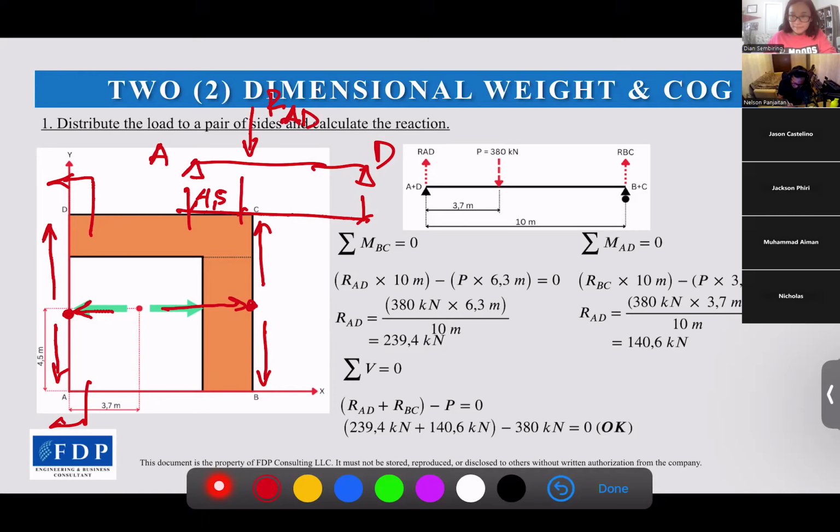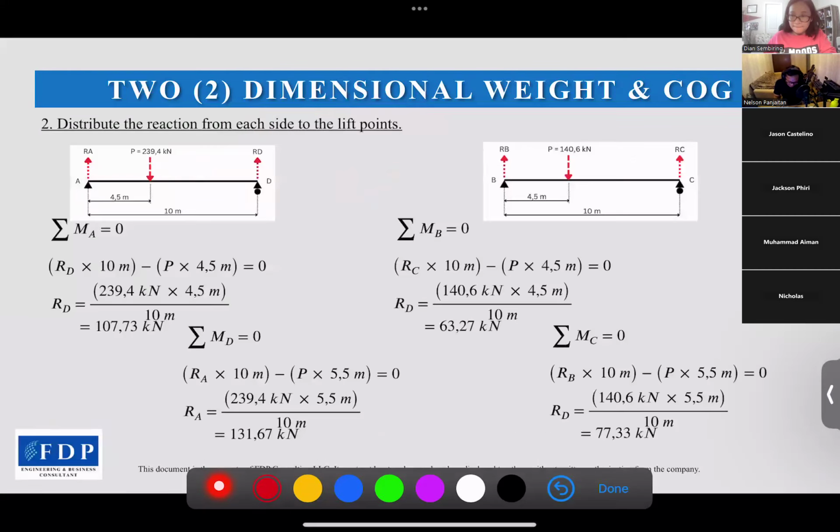And if we want to distribute to get the reaction at BC, then we use the reaction from RBC. So RAD, we get the 239.4 kilonewtons, and the distance is 4.5 meters from A, and the total length is 10 meters.